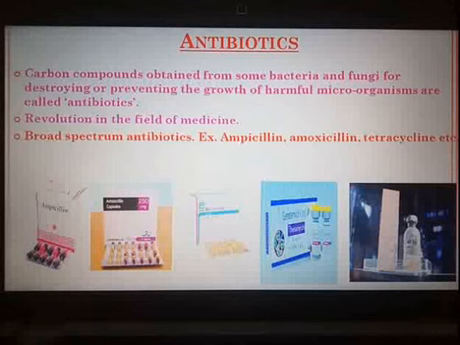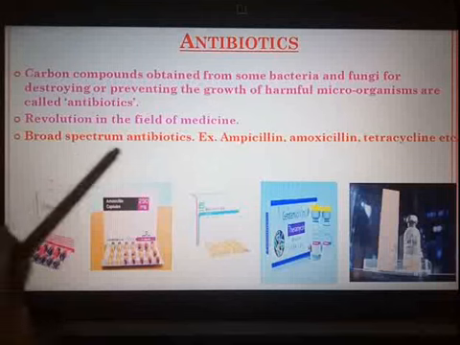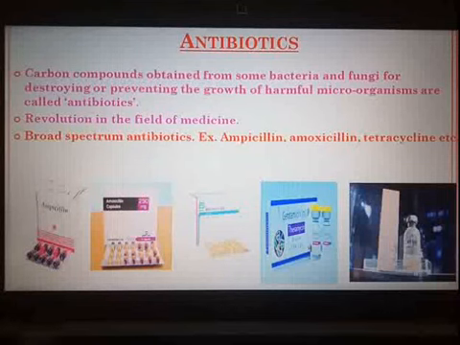One is the broad spectrum antibiotics. What do you mean by it? Some antibiotics are useful against a wide variety of bacteria. These antibiotics play a major role against a variety of bacteria, and hence, broad, wide number.